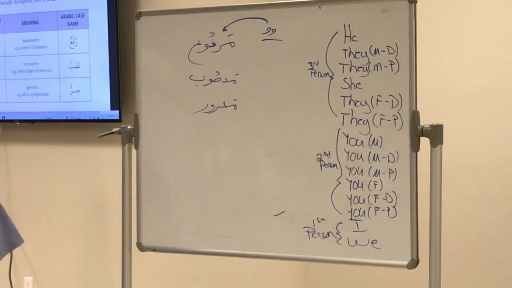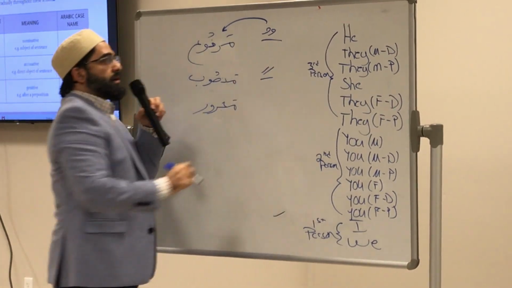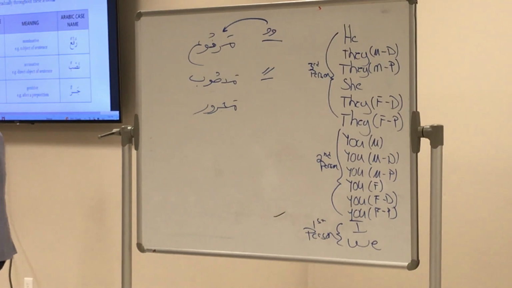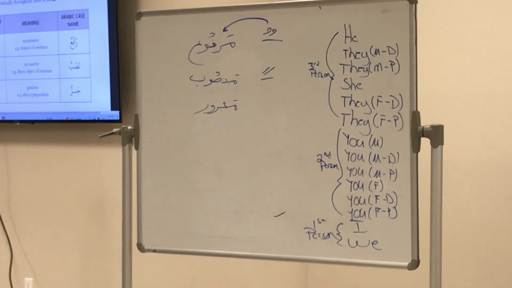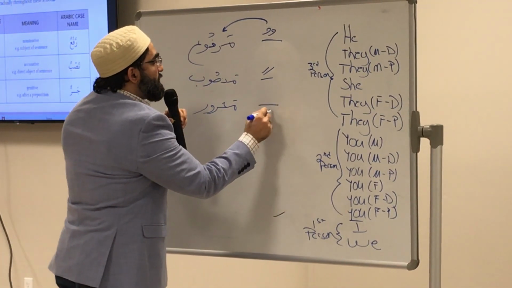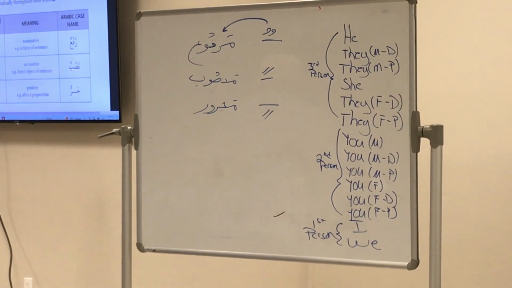They're usually the subject. Words that end in a fatha, they're usually mansub, they're usually the direct object of the sentence. And words that are majroor, they usually end in kasra. Usually. Not all the time.